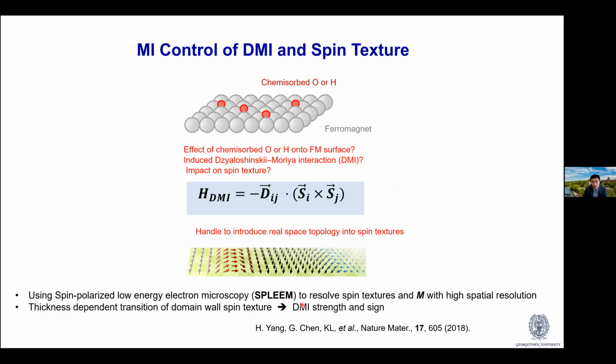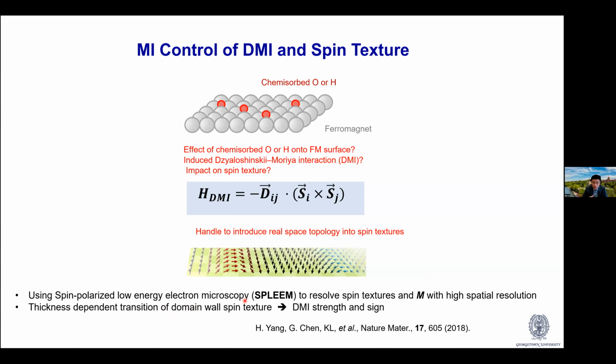In fact, we've done some other studies early on to study DMI in unconventional systems involving light elements. The technique we will be using to study spin textures is spin-polarized low energy electron microscopy, an instrument stationed at the National Center for Electron Microscopy at Lawrence Berkeley National Lab.